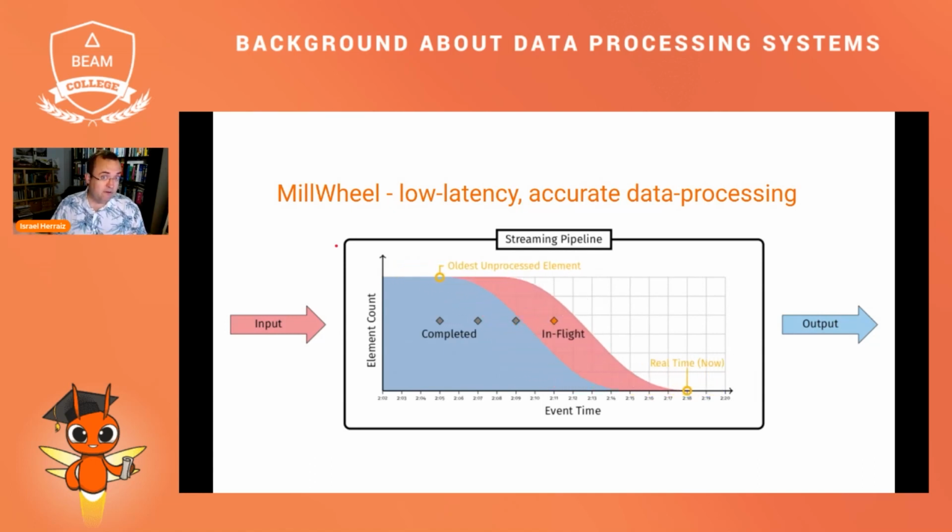You may have heard of the Lambda architecture, where there was a batch pipeline and a streaming pipeline. The batch pipeline was slow but accurate, and the streaming pipeline was fast but inaccurate. And then at the end of the architecture, you had to reconcile both pipelines when data was ready from the batch in order to amend the inaccurate output of the streaming pipeline.